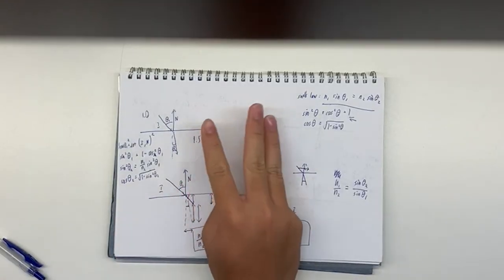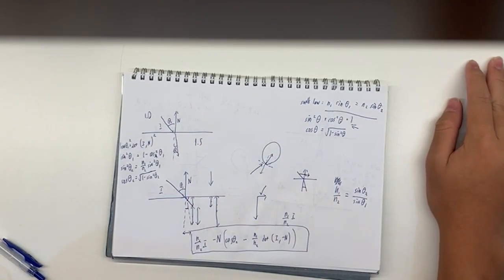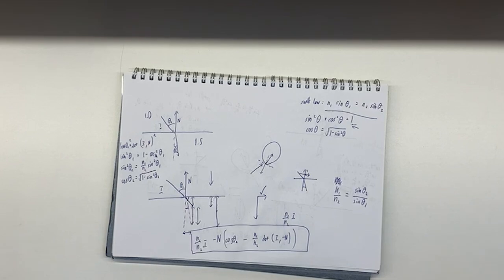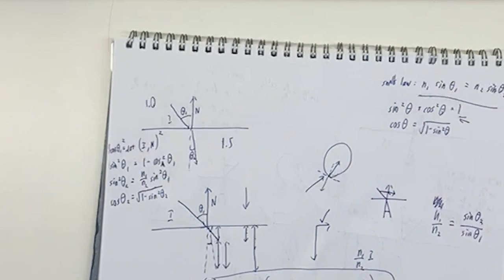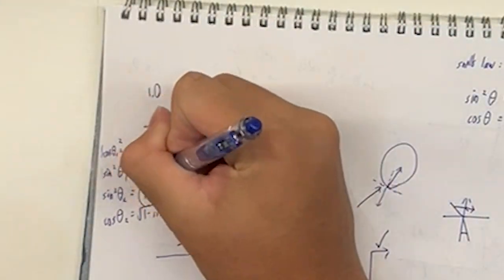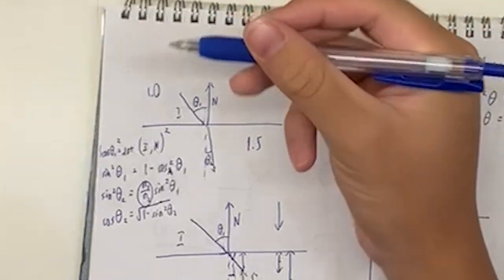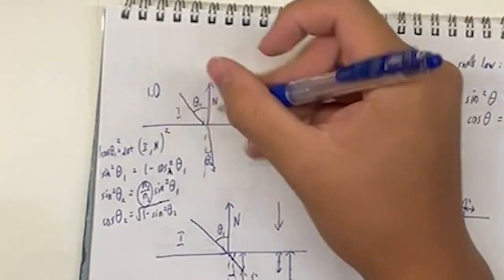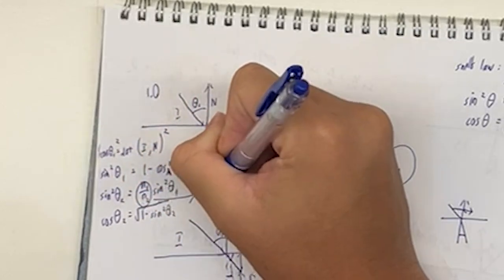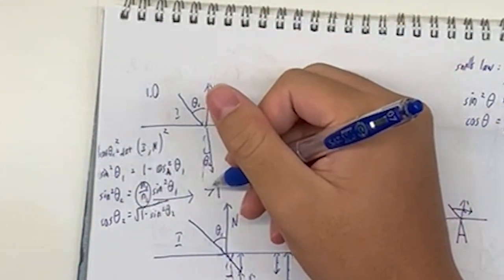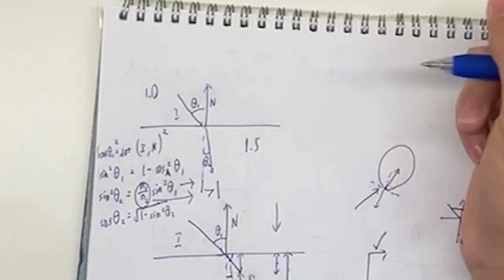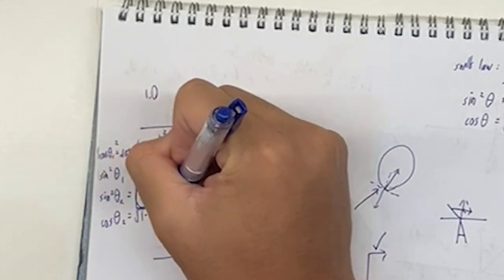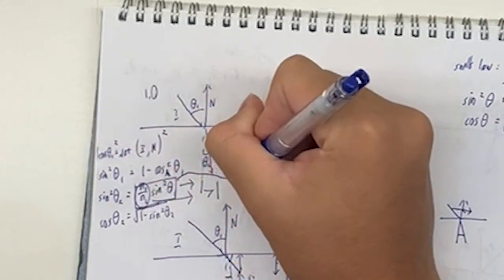Okay, number 3, baby. I promise you this one's the last one, and also it's going to be really short. So if you look back at our equation, this n1 over n2, especially if it's going from a denser medium to outside of a denser medium, then this would be larger than 1. And if this is larger than 1, then this whole part would be larger than 1.